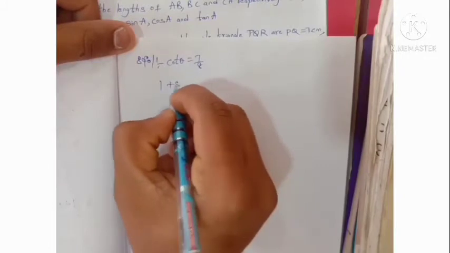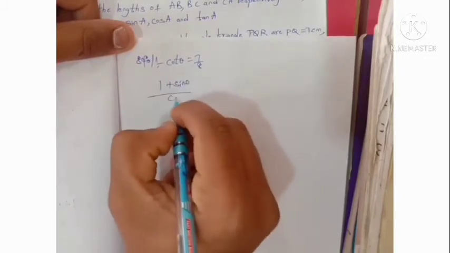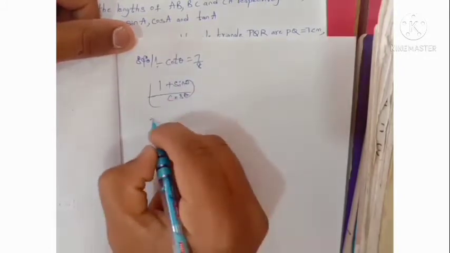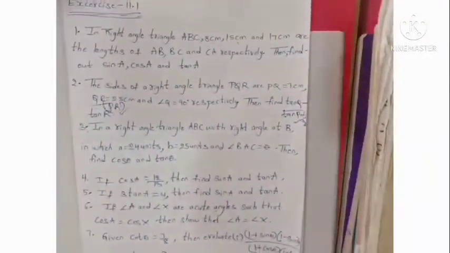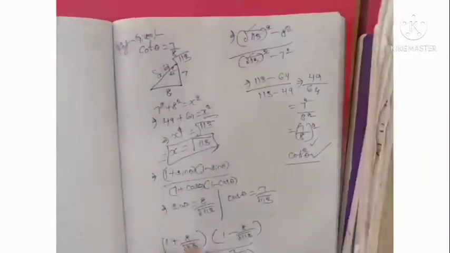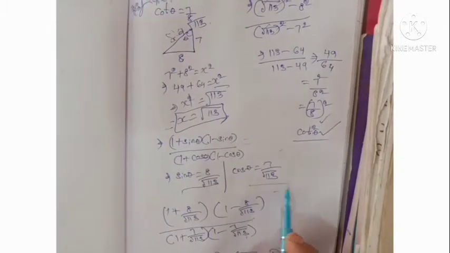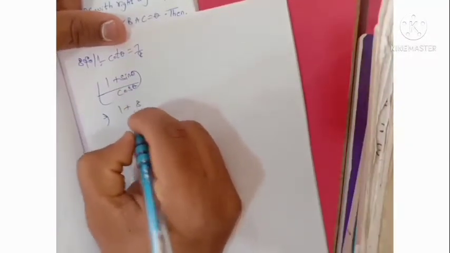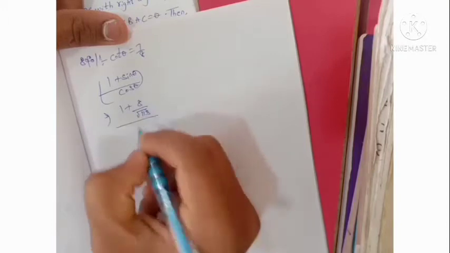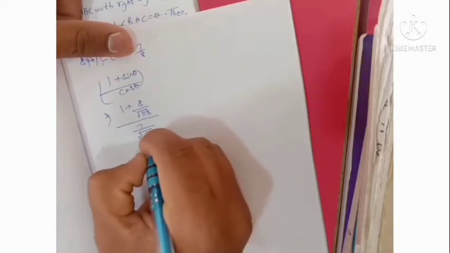We should find 1 plus sin theta by cos theta. Now we know what is sin theta: 8 by root 113. What is cos theta? 7 by root 113.